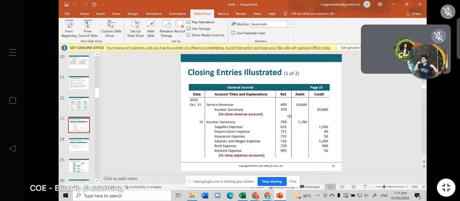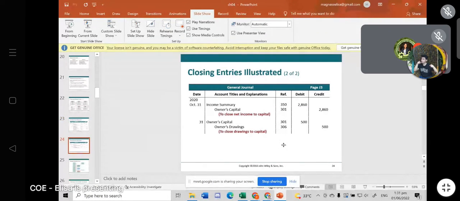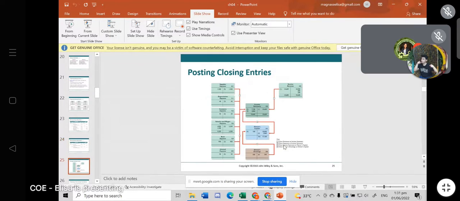Now, please notice that we still need to post these to the general ledger. After the posting of your closing entries, all your temporary accounts will become zero. So these are now our closing entries when we post them to the general ledger.